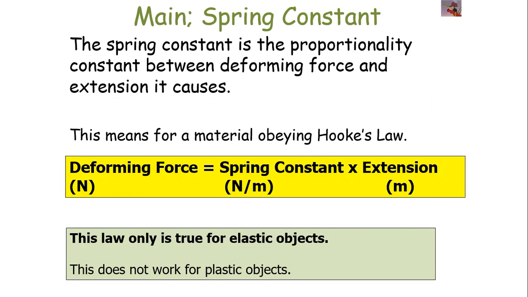Now, the spring constant is the proportionality constant between the deformant force and the extension that it causes. So this means the equation for a material obeying Hooke's law is deformant force in newtons equals spring constant in newtons per meter times extension in meters. But please remember, Hooke's law is only true for elastic objects. It doesn't work for plastic objects.